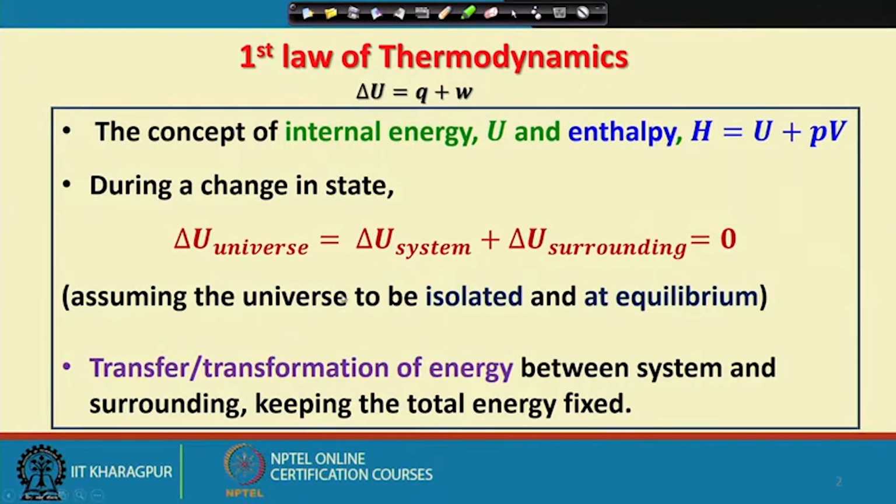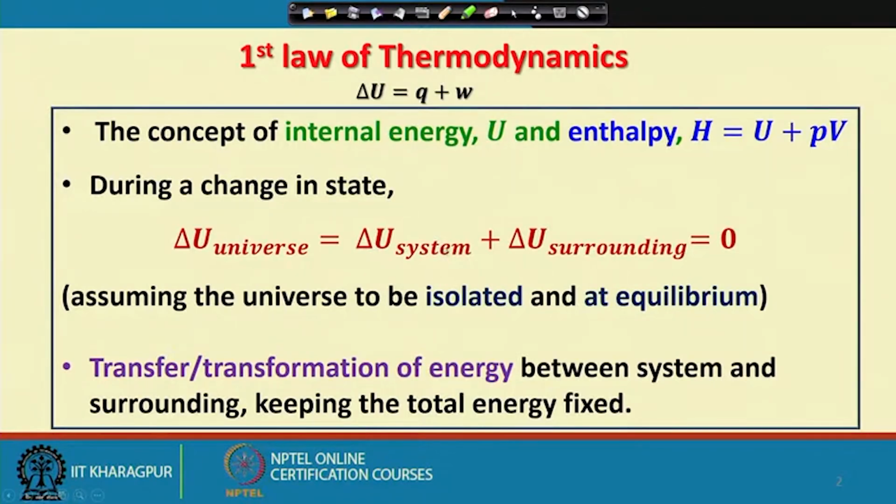If we assume that the universe is composed of the system and its surrounding, then during a change in state there may be some change in the internal energy of the system, and associated with that there may be some change in internal energy of the surrounding. Now, if you assume that the universe is isolated and is always at equilibrium, then by the first law of thermodynamics, delta U universe, which is a summation of the changes in the system internal energy and the surrounding internal energy, must remain equal to 0.